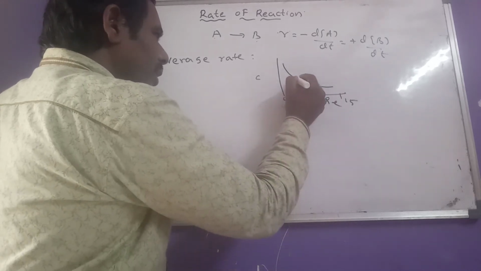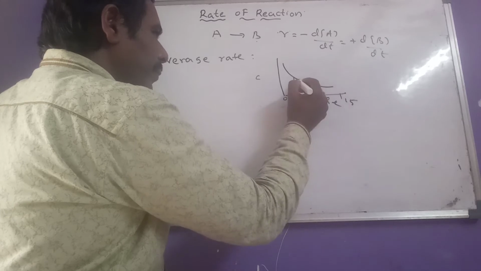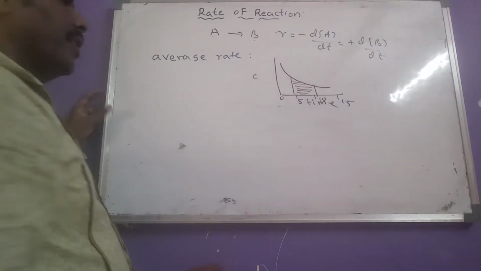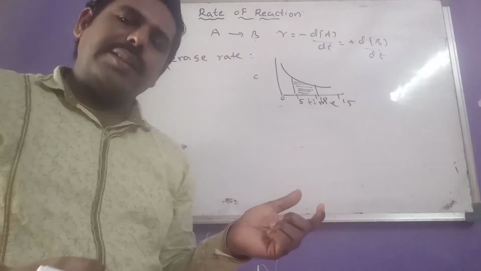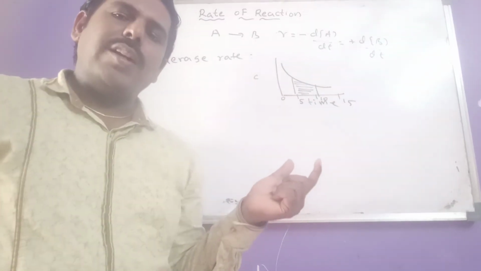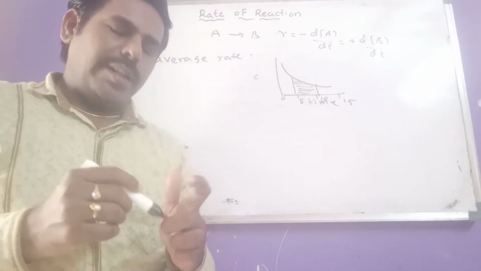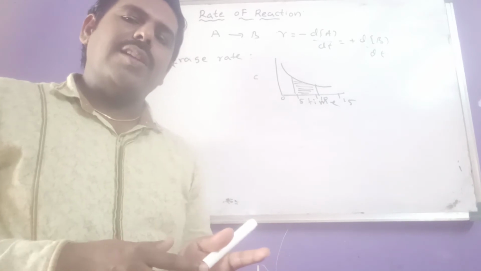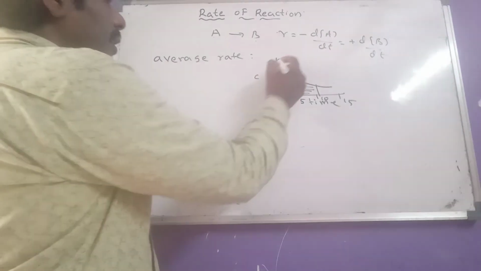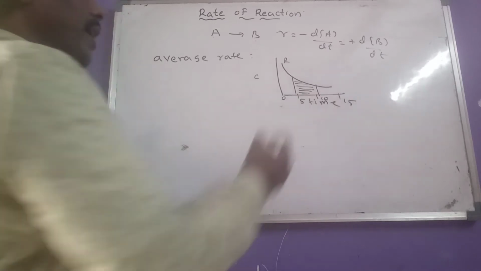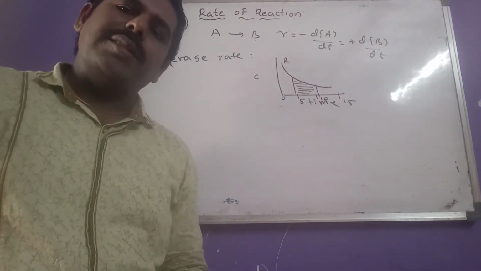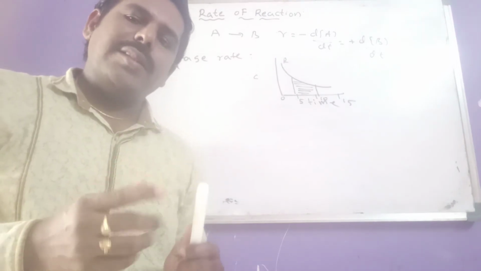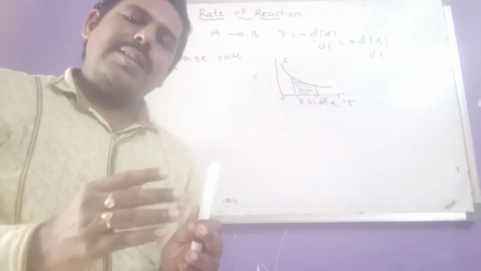In this period of time, the decrease in concentration of reactant or increase in concentration of a product is known as average rate. And the second one is instantaneous rate.